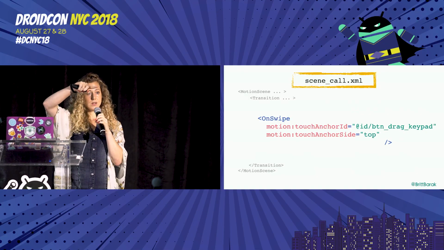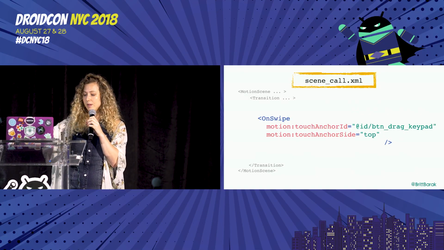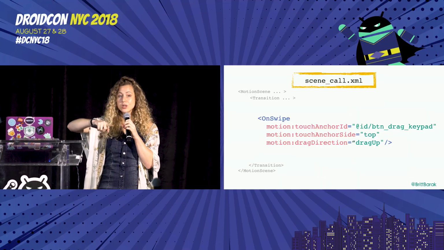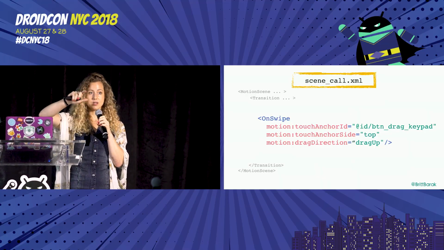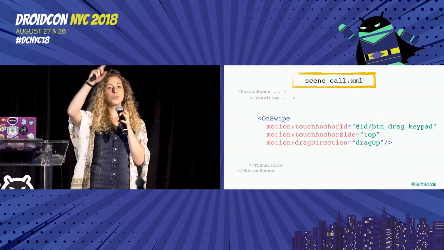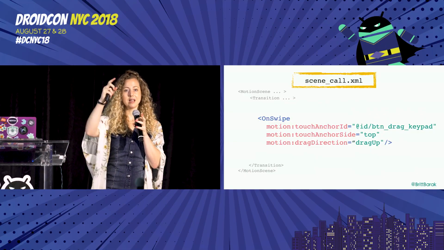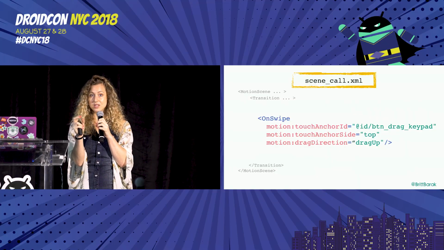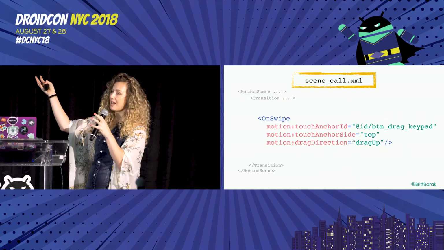On the top side, because we want to drag up. Then drag up. So when we drag up, the scenes are going to change, and it's going to do all the calculation for us. It controls the velocity and everything. Each frame is going to be animated for us at each state. All we had to do is add this thing.